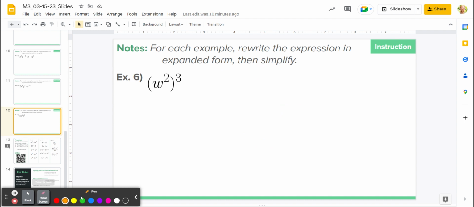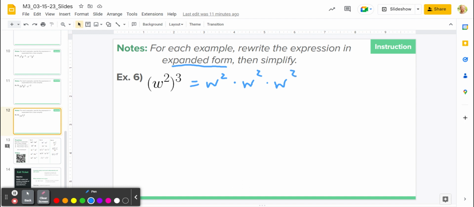And let's do one more example to kind of push our learning even further. And this is going to kind of bleed into what we're working on tomorrow. We have w squared, and we're taking that whole thing to the third power. So if we're writing this out in expanded form, we are going to have w squared times itself 3 separate times.